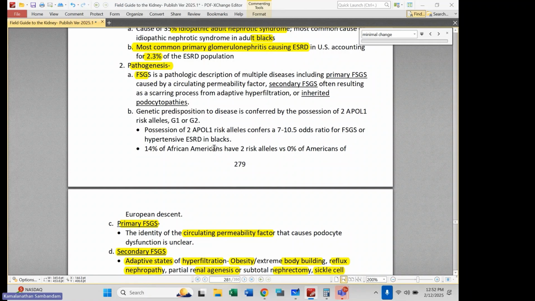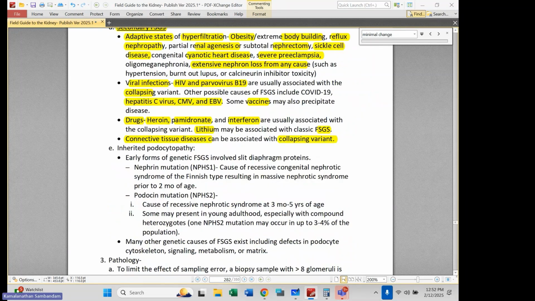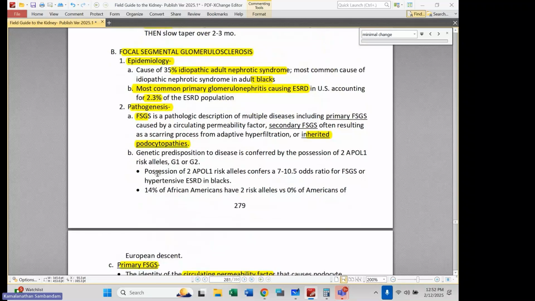All right. FSGS, I told you again, encapsulates these multiple different underlying factors. We didn't yet talk about the inherited forms of FSGS, which I'll go over shortly. And then we don't have to belabor the association between FSGS and APOL1 risk alleles.